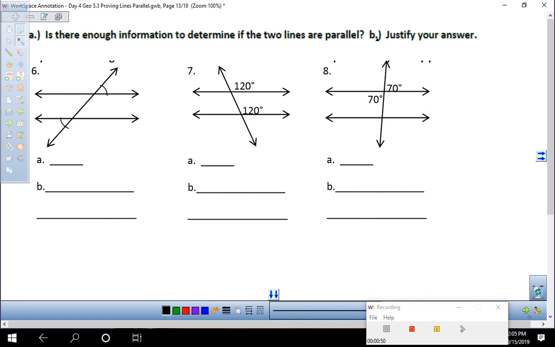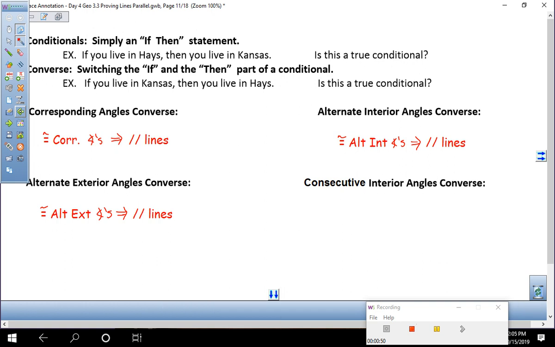So if we look at number 6, in my figure I see 2 congruent angles, and if I think about my 4 pairs, well, that one looks like it would match up with alternate exterior. So I say alternate exterior angles are congruent. Hey, that's one of my theorems that we just looked at.